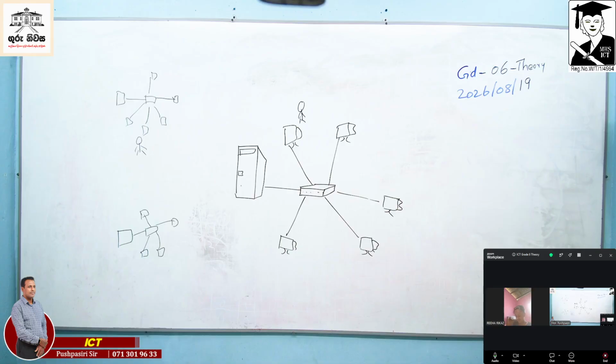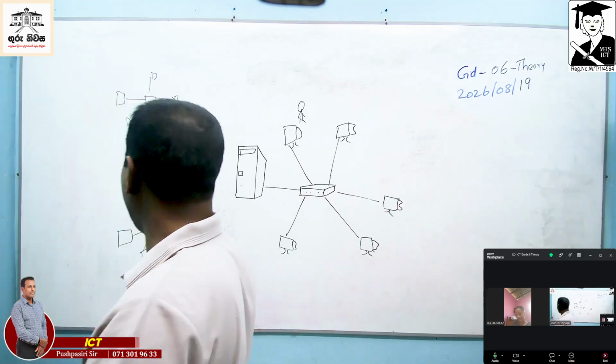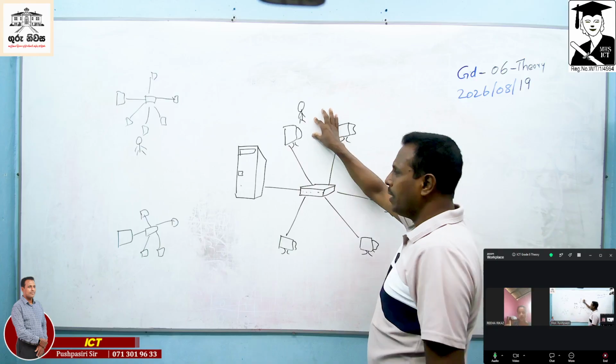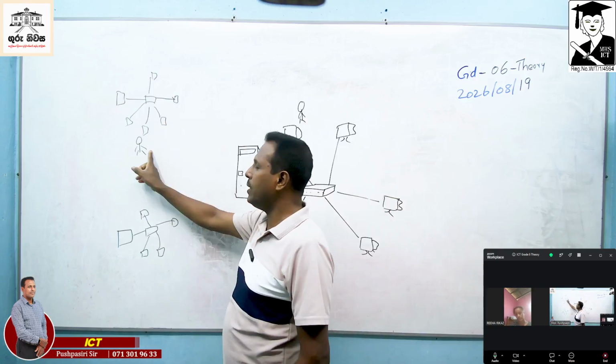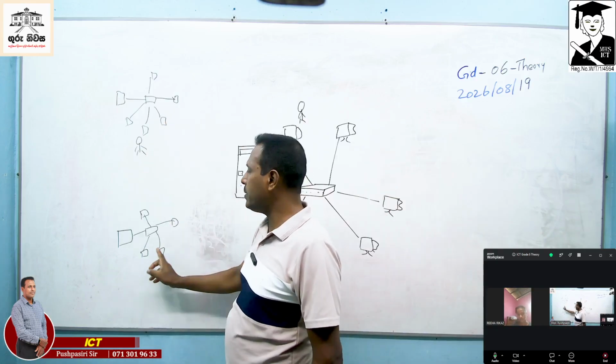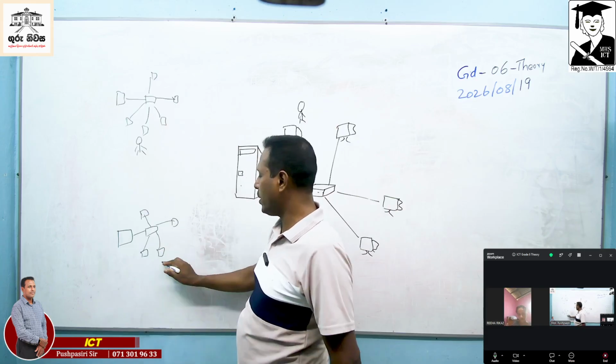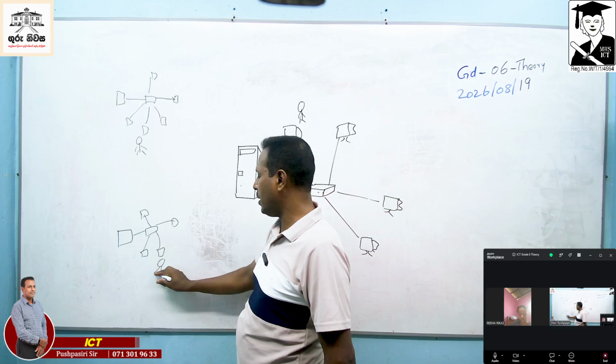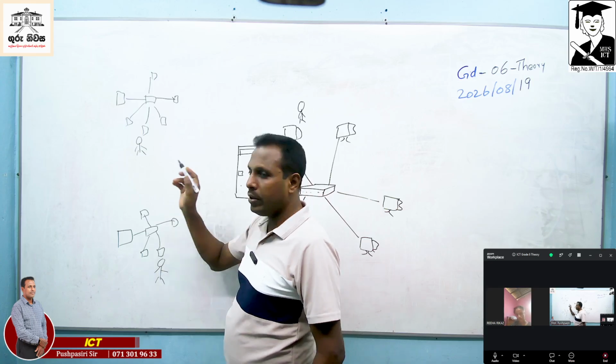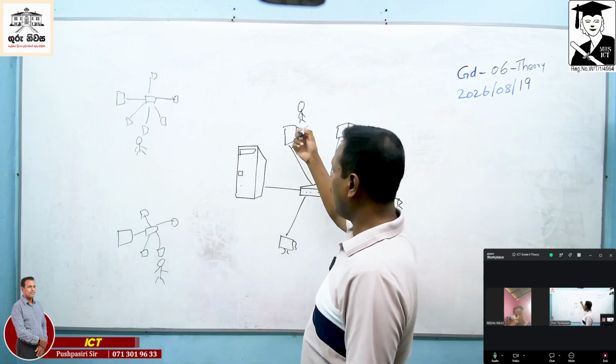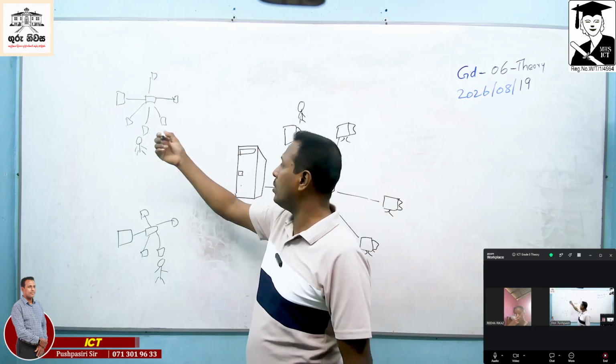Is it possible, Riha? This is my network, I am here. This is Riha's network, Riha is here. And Rhythmi's network is here, Rhythmi is here. Now, can I send a message to Riha here?